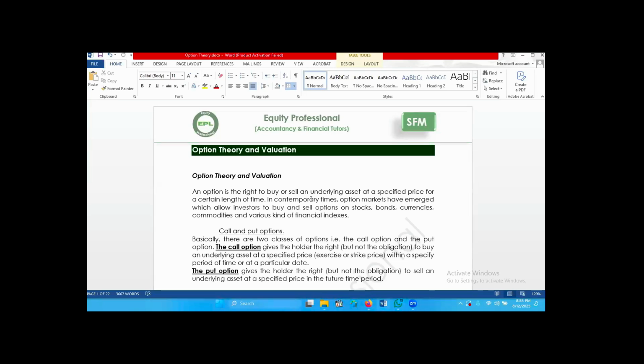You can define an option as the right to buy an asset or the right to sell an asset at a predetermined price for a certain length of time.